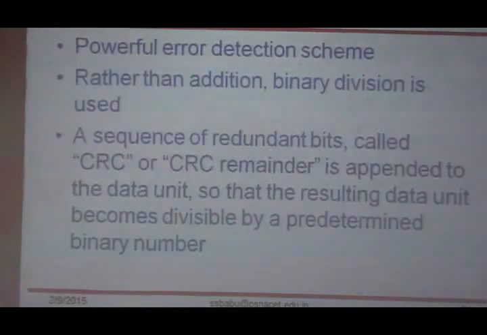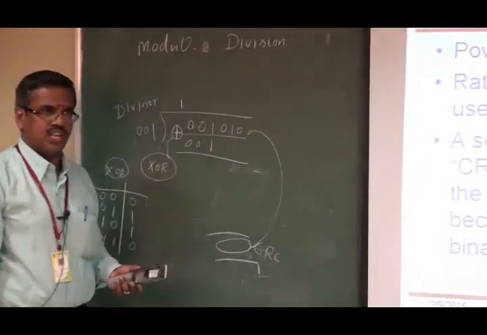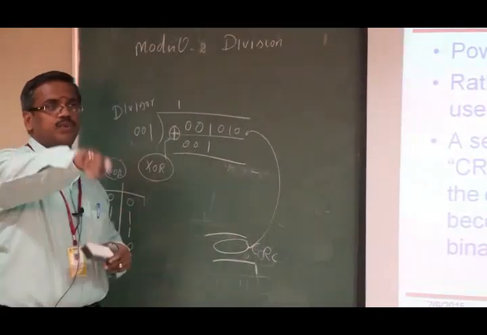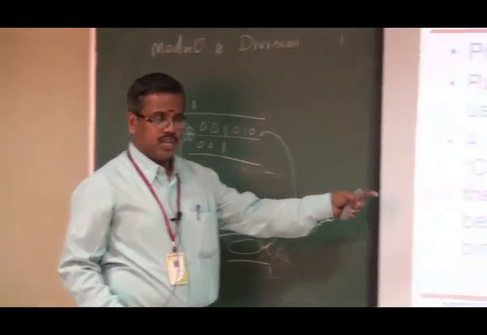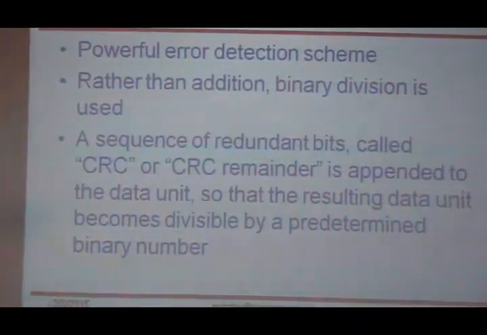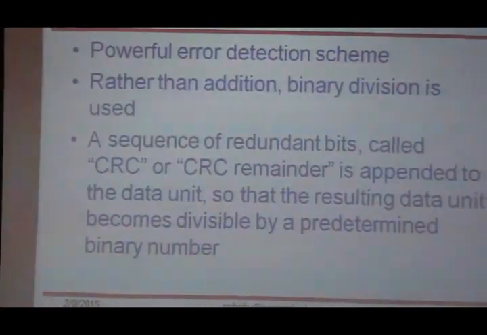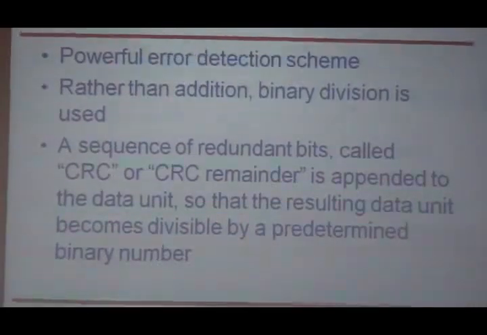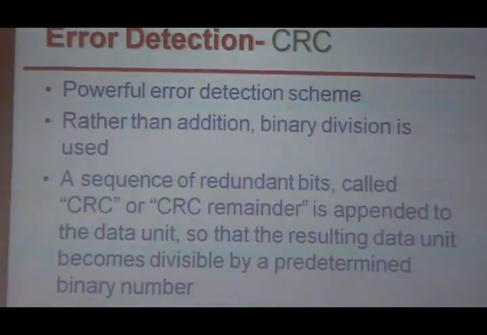So this remainder value is added to the original message while transmitting from the sender to the receiver, so that the resulting data unit becomes divisible by a predetermined binary number.